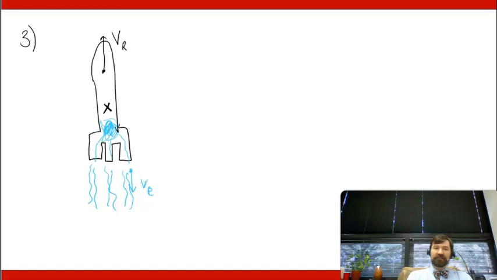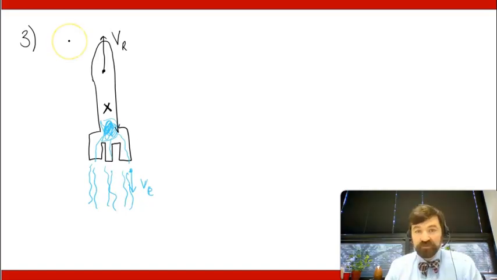And so we can figure out, among other things, what should the velocity of the space rocket be, or the center of mass for that matter, given that this fuel has some ejection speed. The equation that governs that is, essentially, we again are just using momentum conservation.